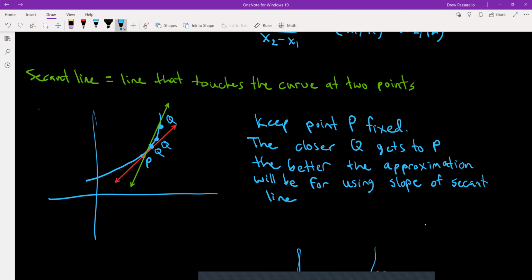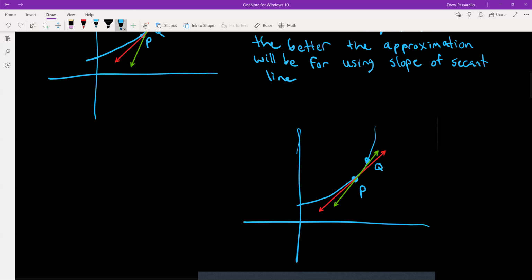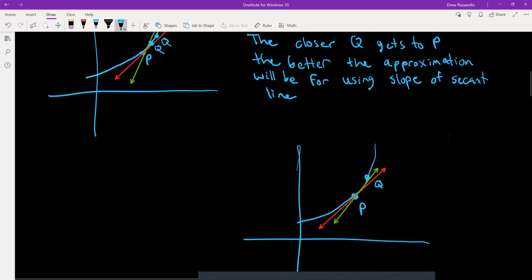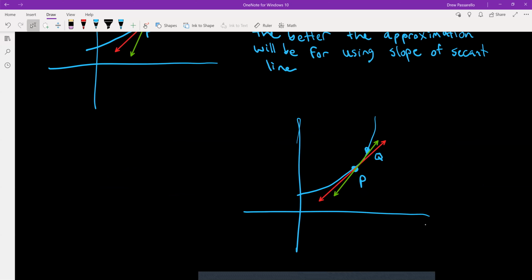So you'll see from just comparison in this one on the bottom right, I have Q closer to P, and the green line is closer to resembling the red line.